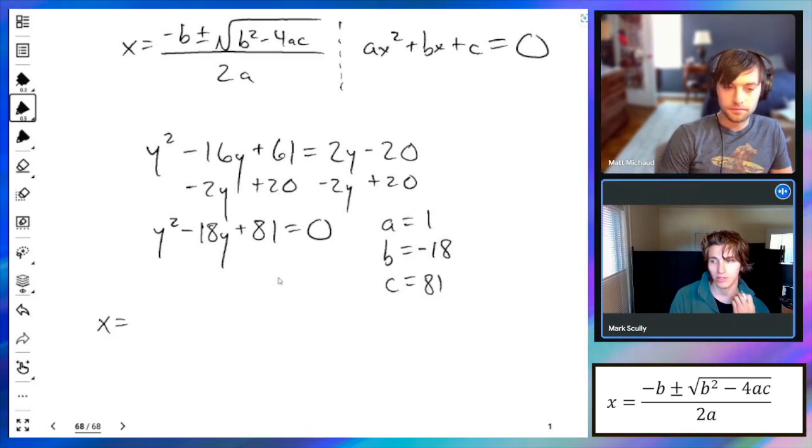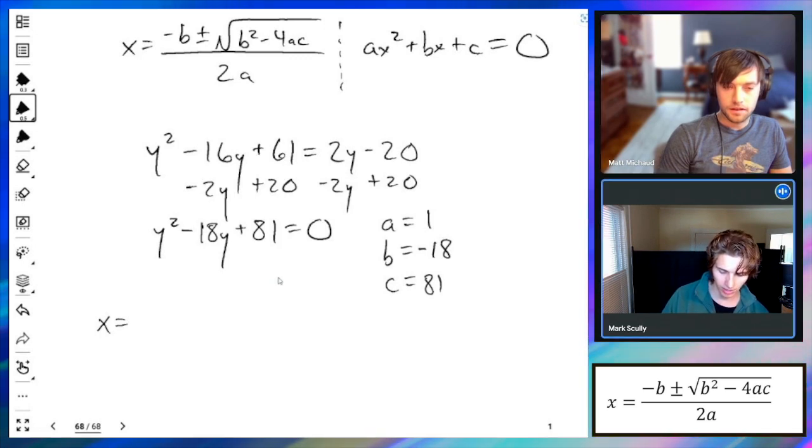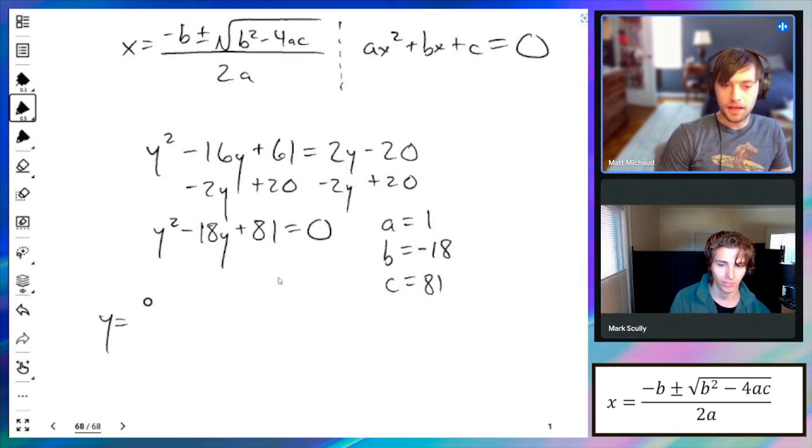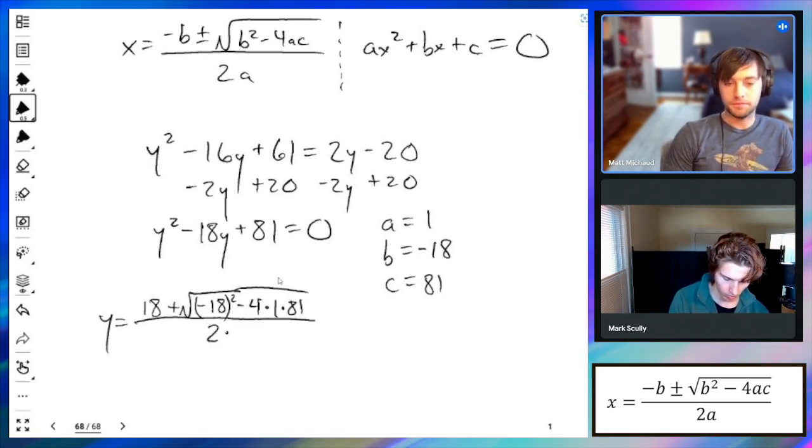All right, go ahead and walk us through the quadratic. X equals, or actually, this would technically be y, right? Y equals. That's my bad. Y equals, wouldn't it be 18, because the two minuses would cancel out, plus the square root of negative 18 squared minus 4 times 1 times 81, divided by 2 times 1.